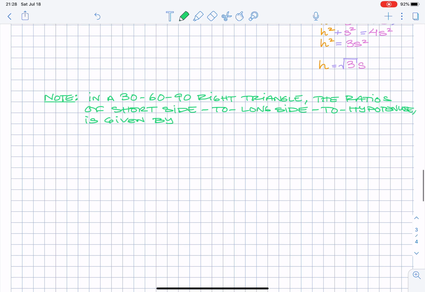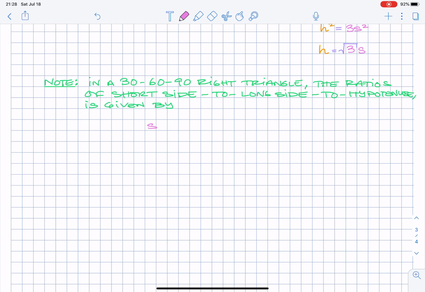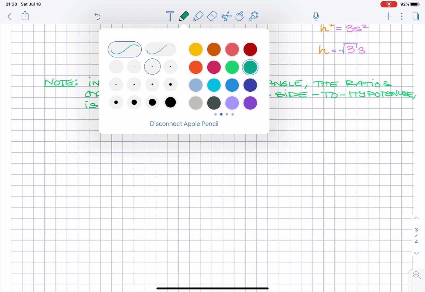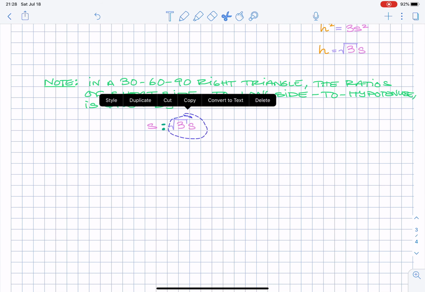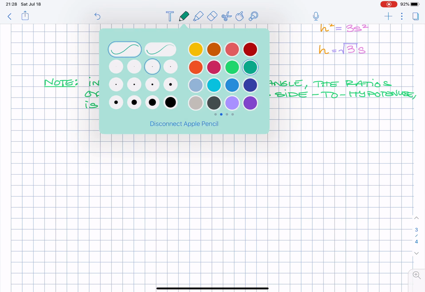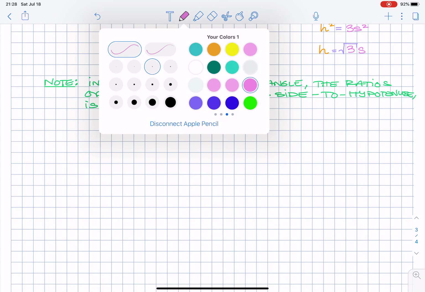We get s. So we had s. Then we had root 3s. I'll just copy and paste that. Square root of 3 times s. And then 2s for the hypotenuse.